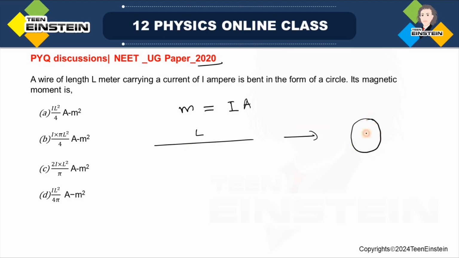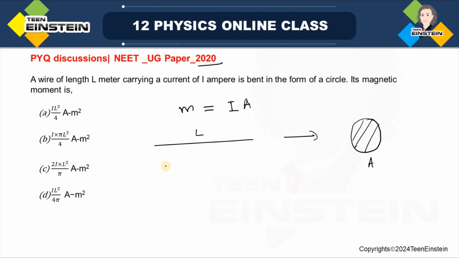I have to find out the area of this circle. Current is the same anyway, which is flowing in the wire, that is I. So I have to just find out the area of this. So what will be the area of this circle made of this wire given in the question?